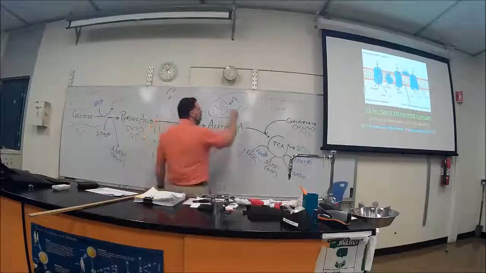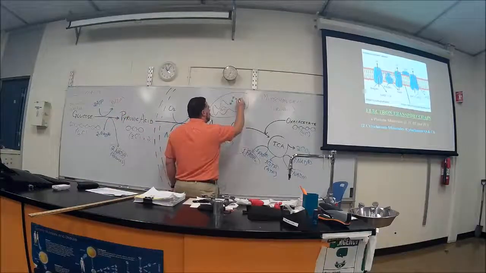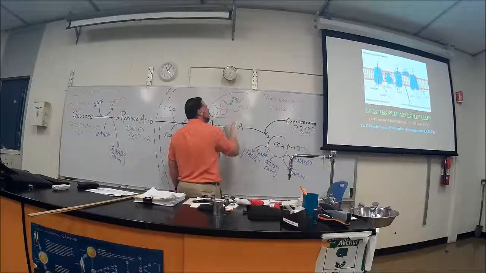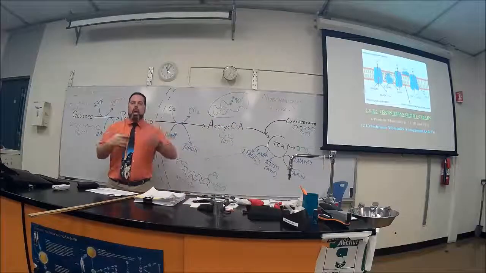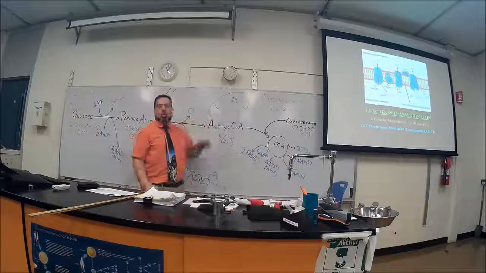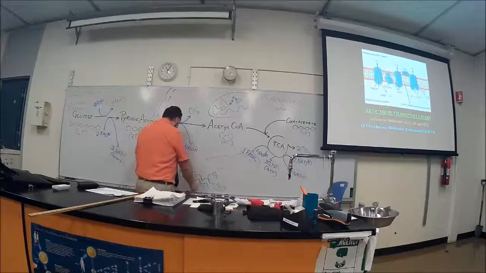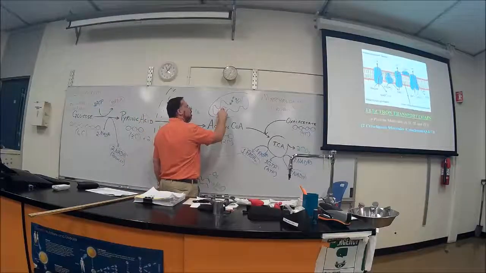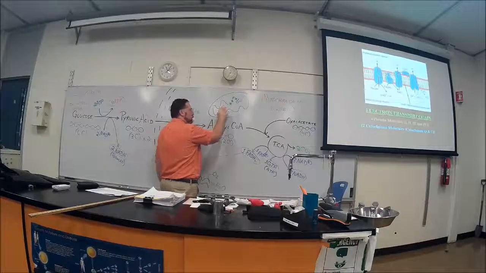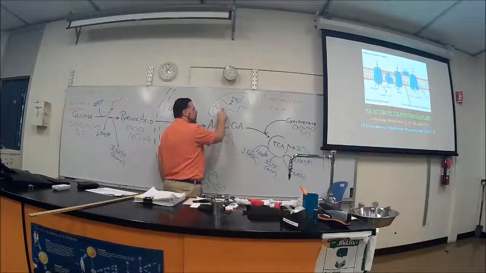But there's also going to be something, which is not drawn up there, I'll show you on the next slide, that is going to make ATP. That's your synthase. What's going to happen here, if you can visualize this, this citric acid cycle is making the NADHs and the FADH2.